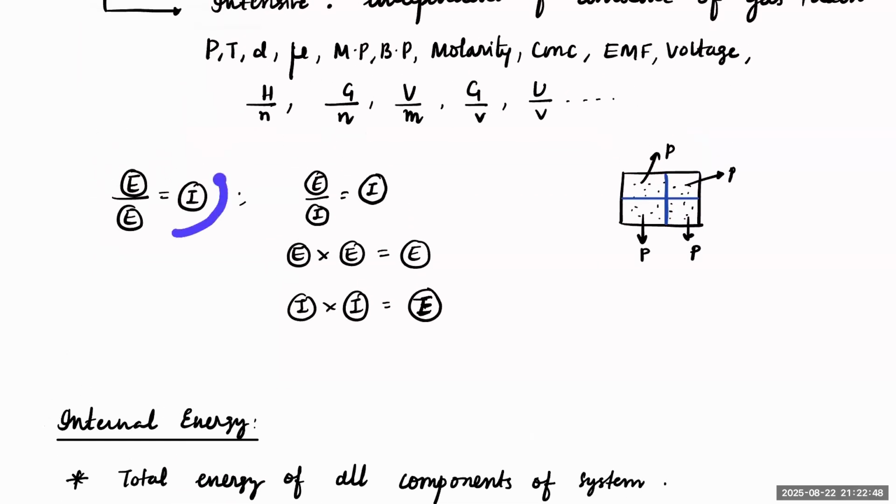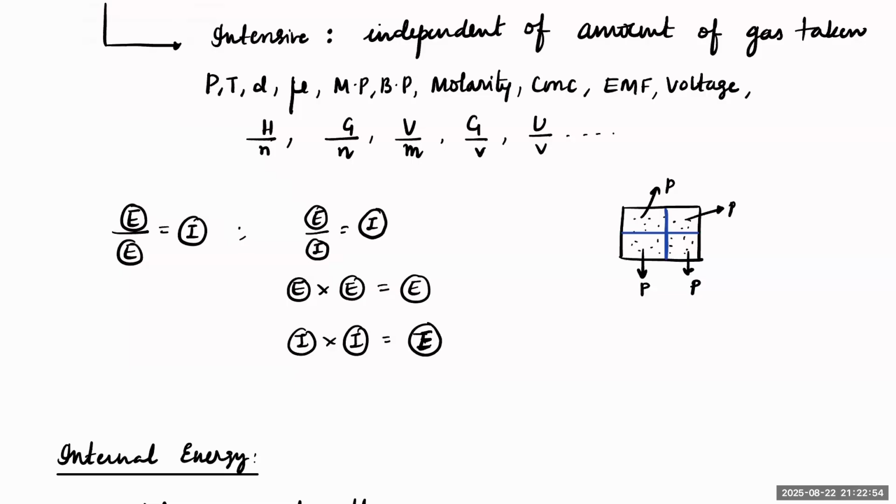Clear? So extensive by extensive is also intensive, and extensive by intensive. No, no, no, this one I have written wrong, sorry. Here, now this is correct. Now it's fine.